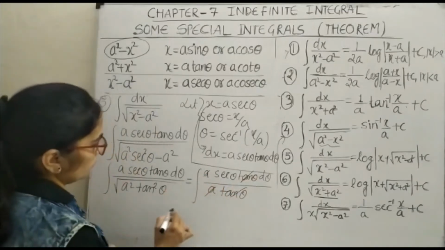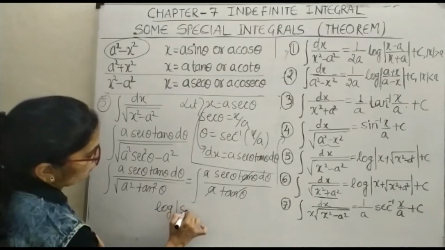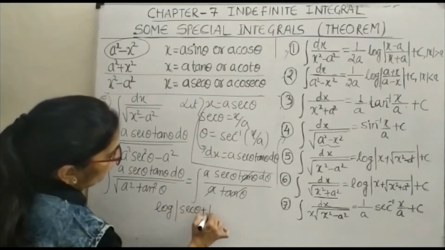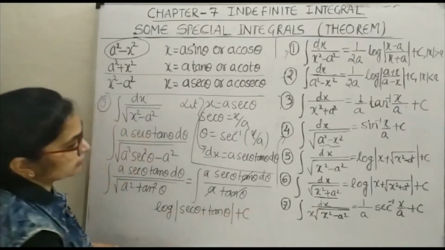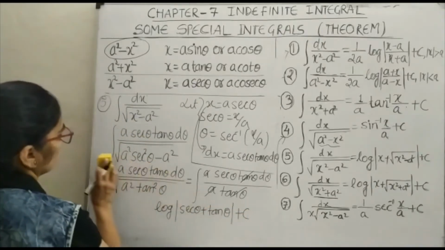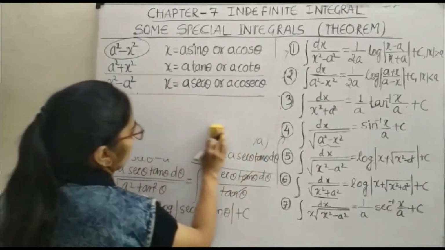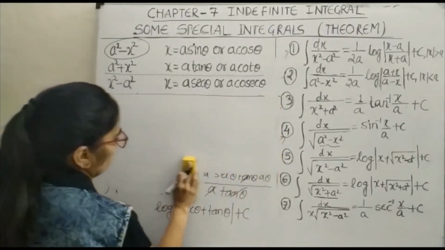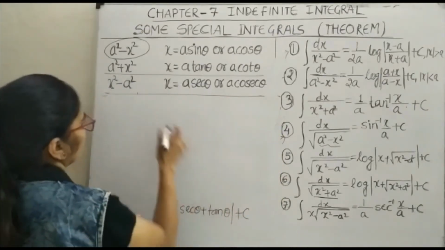What is the integration of sec theta? You know that is log sec theta plus tan theta plus c, right? Now after this we are going to keep the values here.